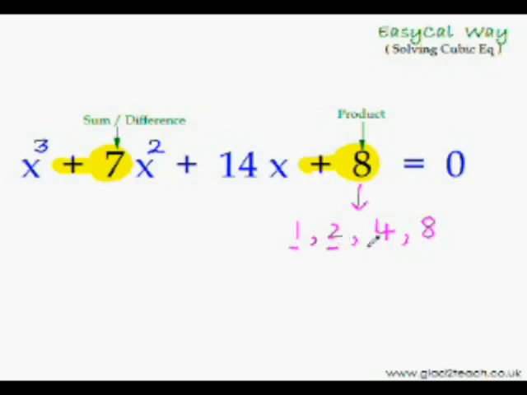That means these three are the factors. So to find the solution of this cubic equation, you just have to change the signs of the factors. That's it, question solved. The three solutions of this cubic equation are x equal to -1, x equal to -2 and x equal to -4. So tell me now, wasn't that easy?